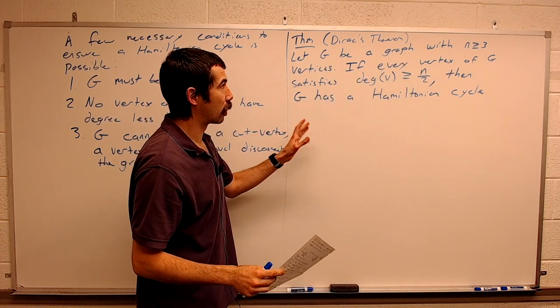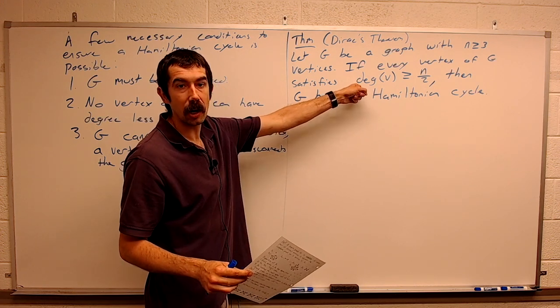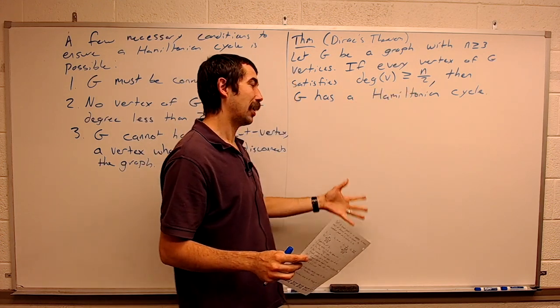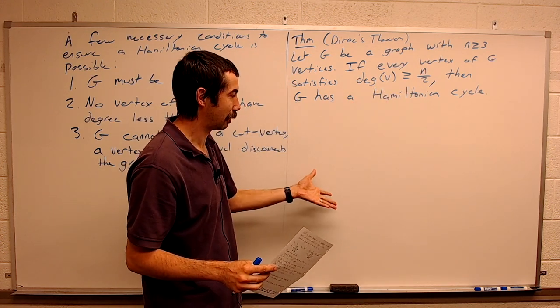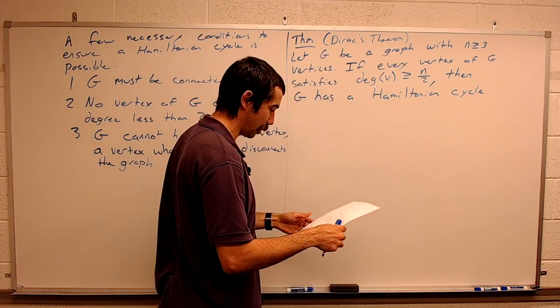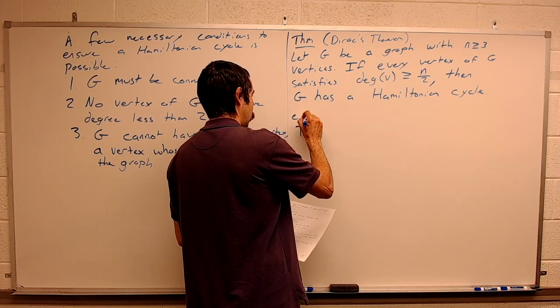It's possible for a graph to have a Hamiltonian cycle and that some of the degrees are smaller than n over 2. In fact, I shouldn't have erased it, but the graph I just erased does not satisfy this, but it did have a Hamiltonian cycle. I'll give you another example.